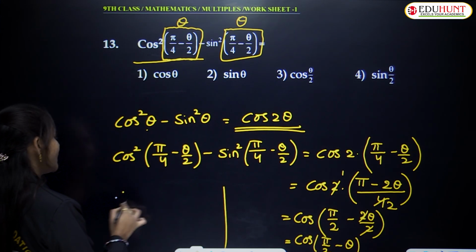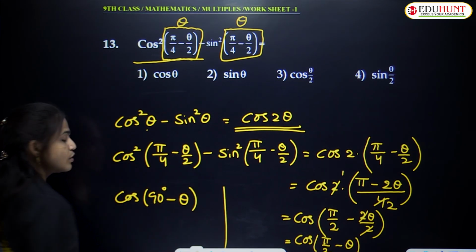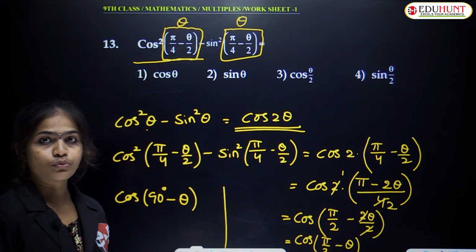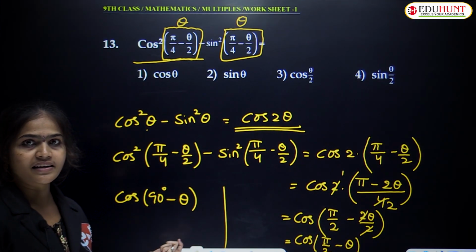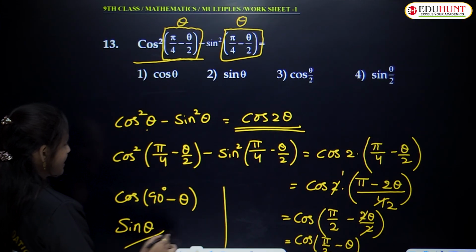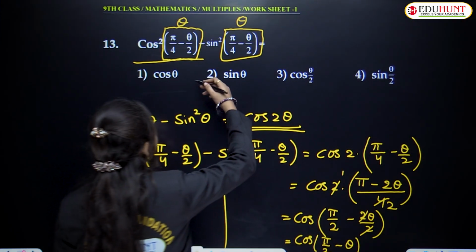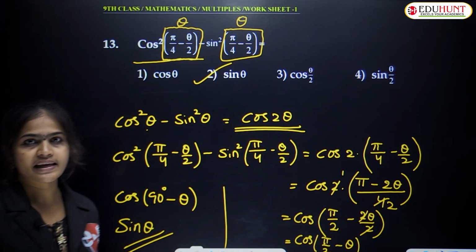So cos of pi by 2 means pi by 2 is nothing but 90 degrees only, no? So cos 90 minus theta. What we will get? Trigonometric ratio. What is that? Sin theta. Okay. What is that answer here? Sin theta. So which option is correct, ma? Yes, option 2 is correct.